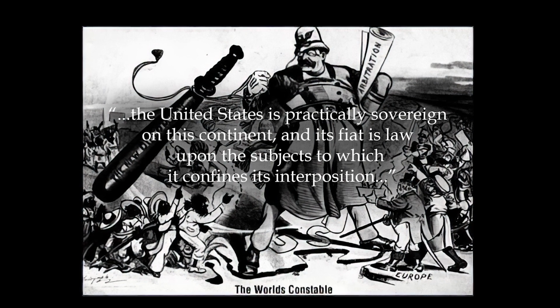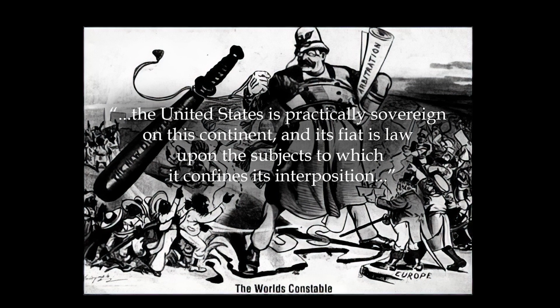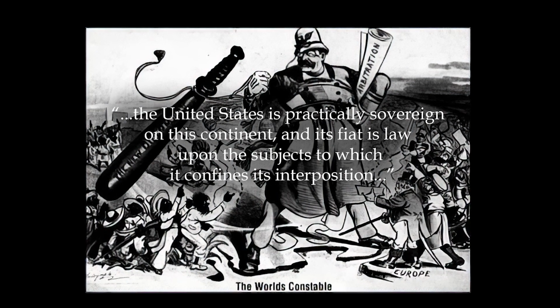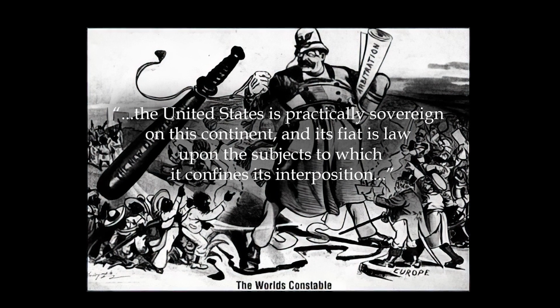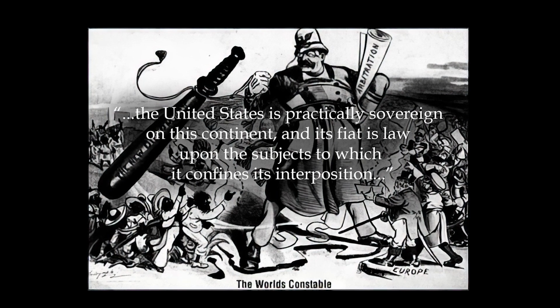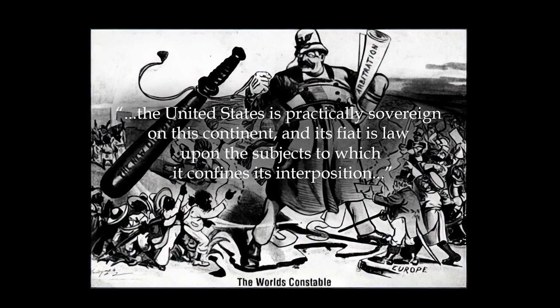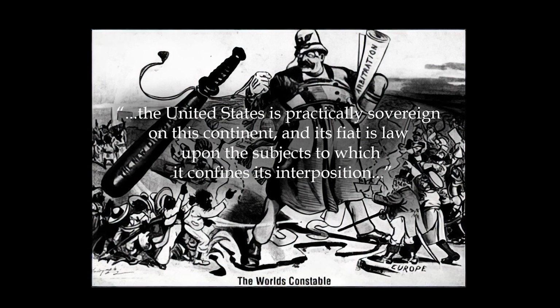The phrase, "its fiat is law," further underscores this authority. Fiat here is used in the sense of a decree or an order that must be followed. In the Bible, God says, "Fiat lux, let there be light," and the Bible reports that merely by God saying so, light came to be.